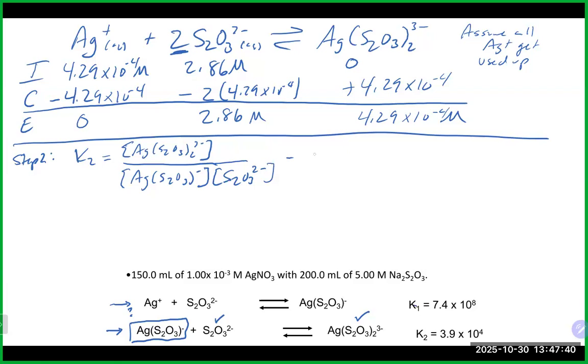And again, that's going to equal, as we see there, 3.9 times 10 to the 4th. And again, I'm choosing the second one because I already have both of those pieces of information.